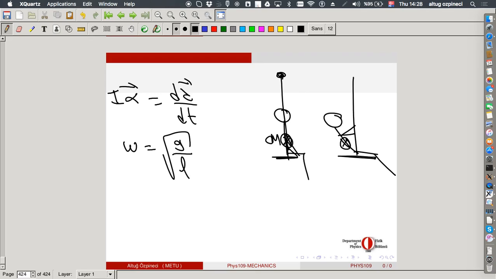So assuming this is your fixed point, this is your rotation axis, what is the direction of the torque? Okay, this is R. Remember, torque is R cross F.